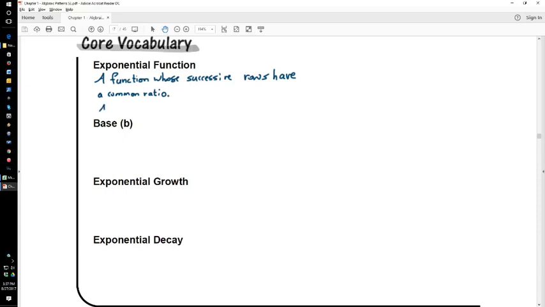This is also known as the explicit form of a geometric sequence.